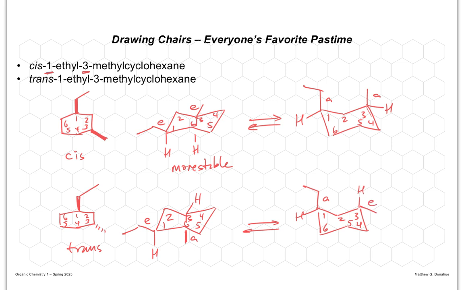So in either of these, you're really not winning in terms of which one's more favorable, because again, you can approximate an ethyl group as the same as a methyl. So it's really not favoring one side over the other too much.